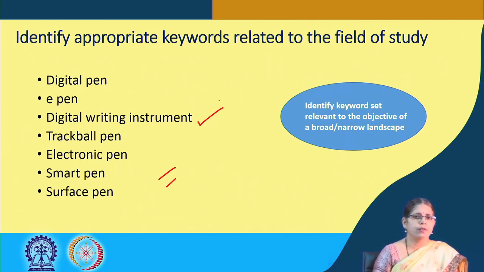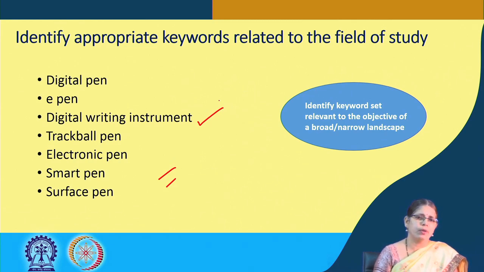Again, patents have diverse ways in which these keywords can be represented. So, an ideal thing would be to combine all these keywords and conduct a search. So, depending on the type of landscape one would like to make, one can choose either the entire set of keywords or look for a specific set of keywords.